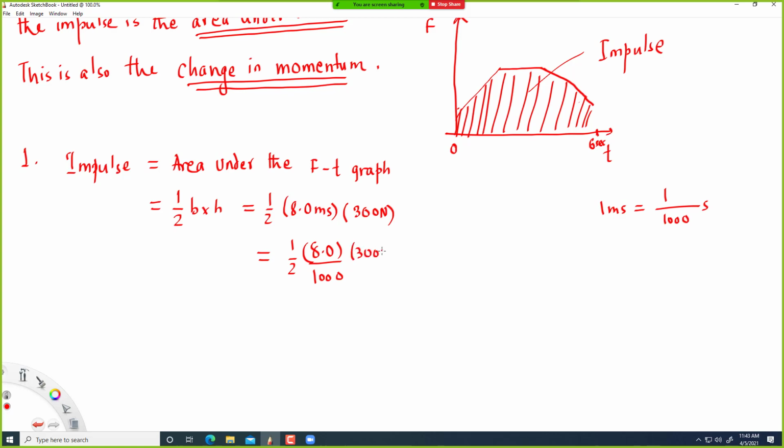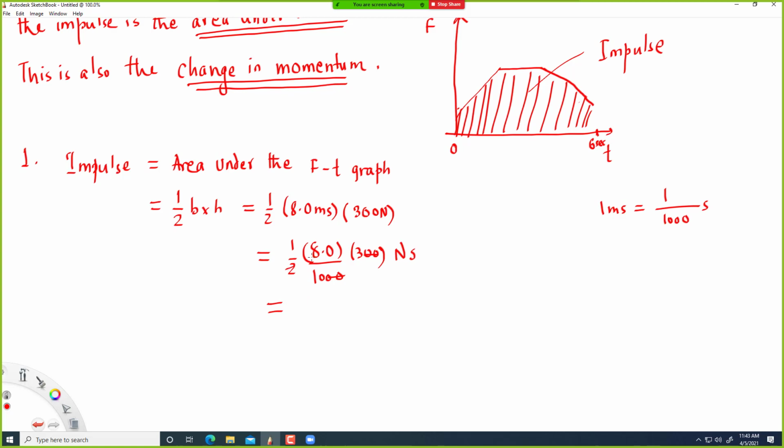And then we'll have the unit of Newton, and then this is seconds. So let's figure that out. We can cancel 2 zeros here, 2 zeros here. 5. What is that?